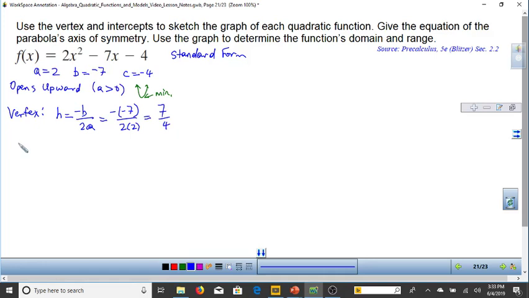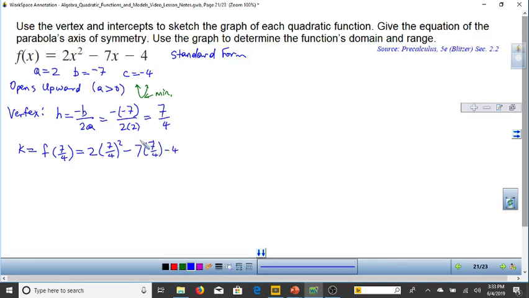Now to find k, we simply do f of h, f of 7 over 4. And that is 2 times 7 over 4 squared minus 7 times 7 over 4 minus 4.